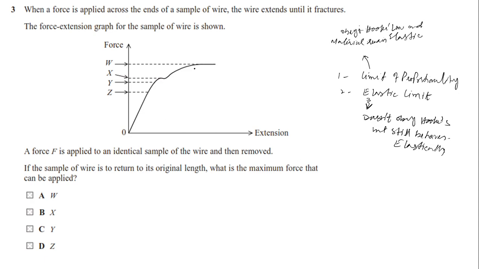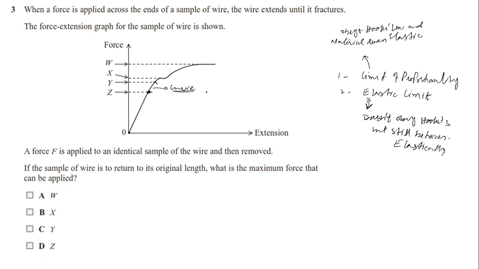generally the behavior of the graph is from O to Z. You see you have a straight line. So this straight line is showing that the material or the wire is obeying Hooke's law, and of course if you remove the force, it will return to the original shape. And after Z, there is a very small interval in which you have a slight curve.